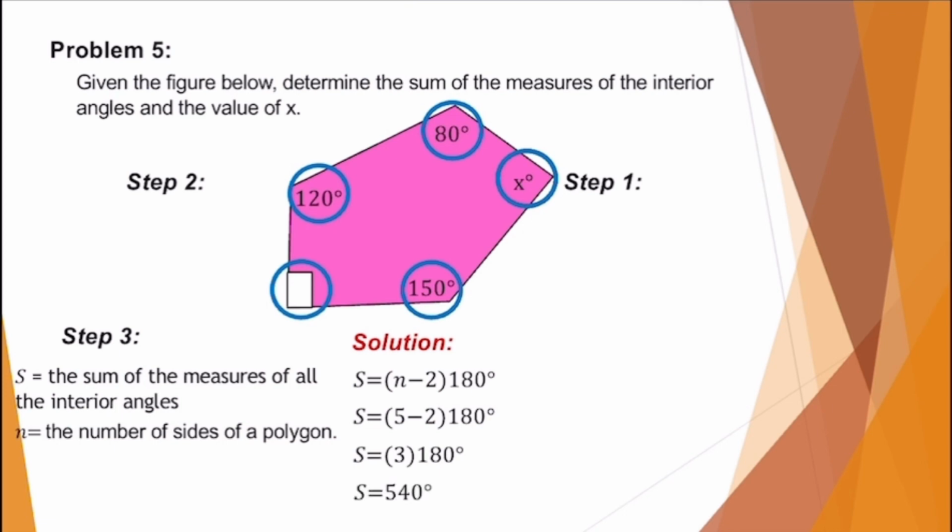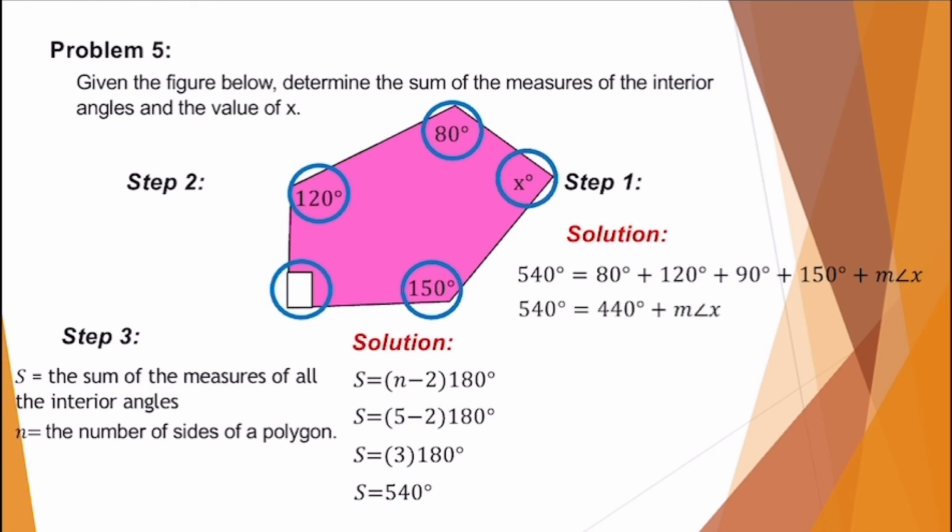Since we already know that the sum of the measures of all the interior angles of the pentagon is 540 degrees, we can now solve for the degree measure of angle X. So, 540 degrees is equal to 80 degrees plus 120 degrees plus 90 degrees plus 150 degrees plus the degree measure of angle X. Let's combine the similar terms.